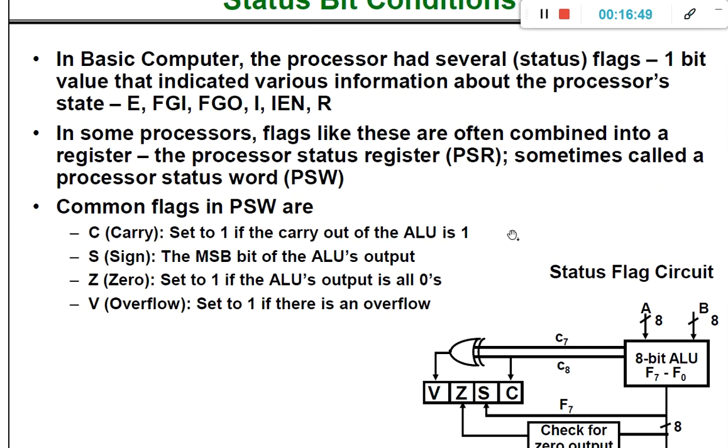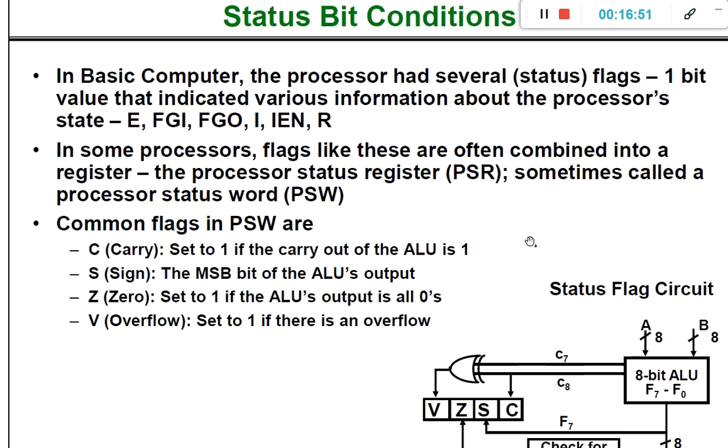There will be several status bits in the processor, which are going to represent the status of different implementations or different registers available in the computer system. To have the current position of these status flags, we need a status register. The status register is going to actually store the various values of these status flags.